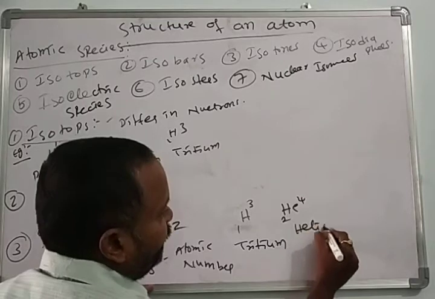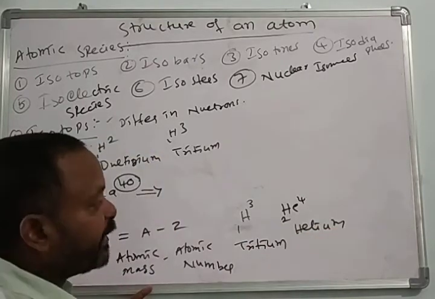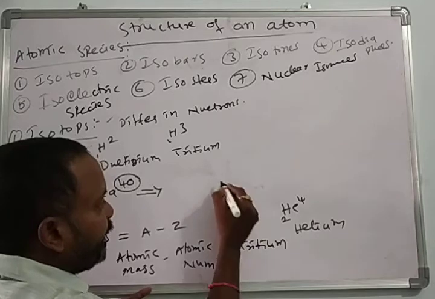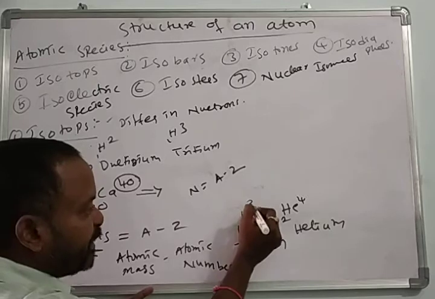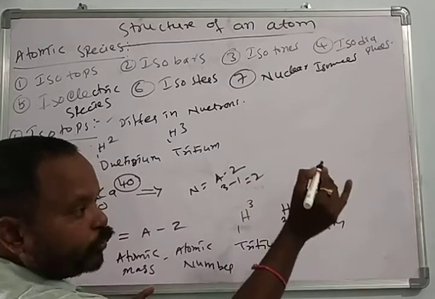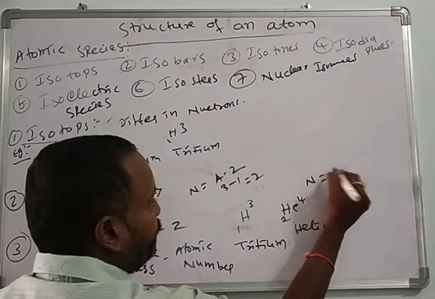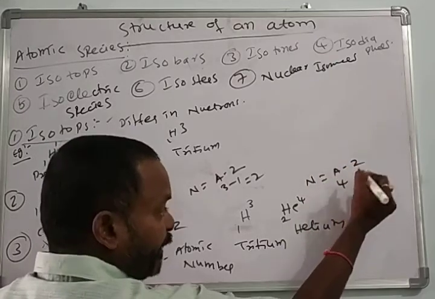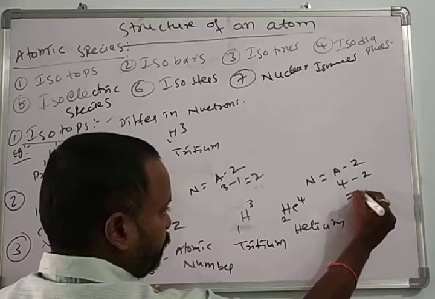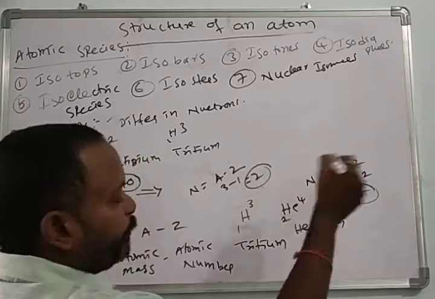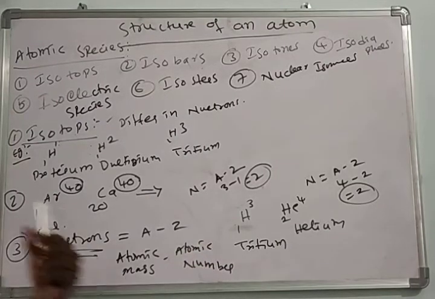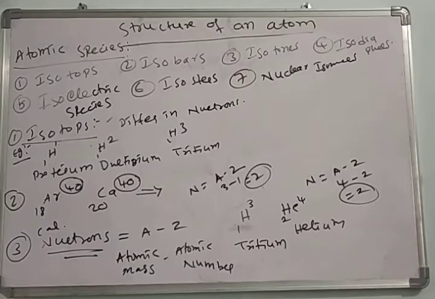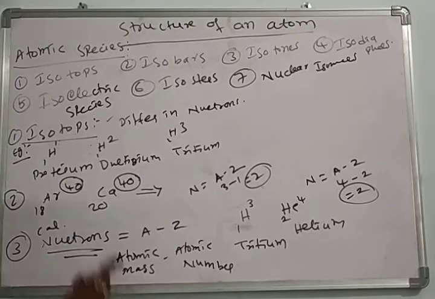Neutrons in tritium: A minus Z means 3 minus 1, which is 2. Helium also, N is equal to A minus Z, 4 minus 2, which is 2. Both have the same number of neutrons. Atomic species which have the same number of neutrons but differing atomic number and atomic mass are simply considered isotones.